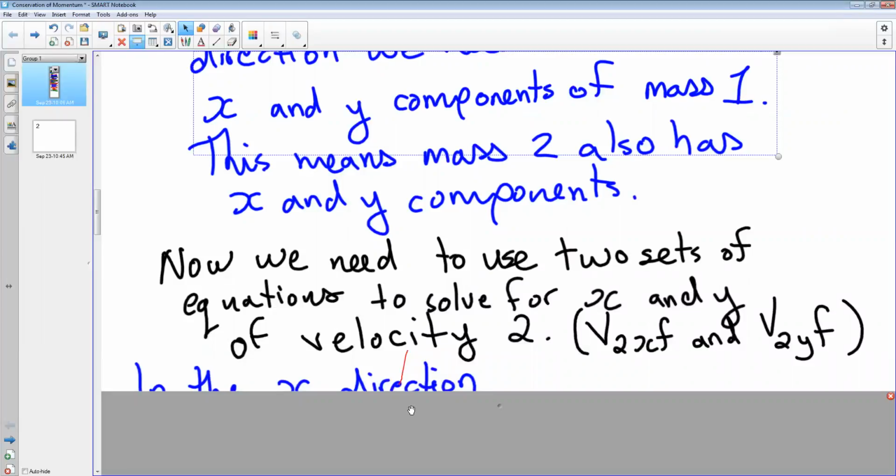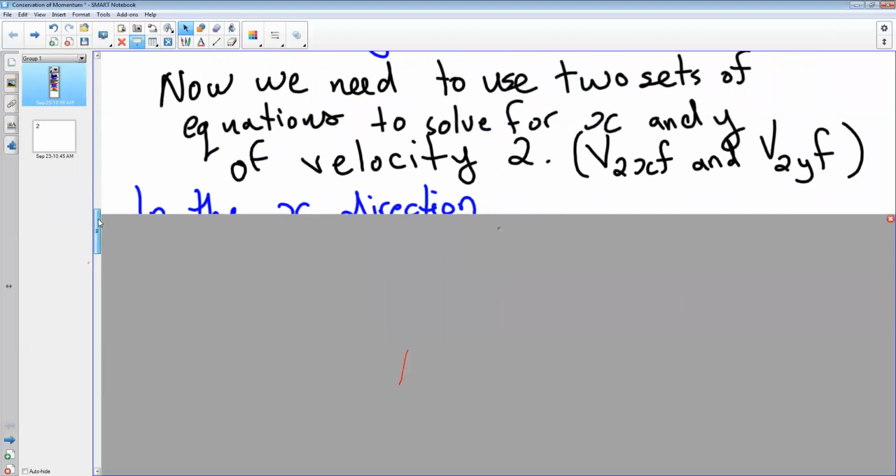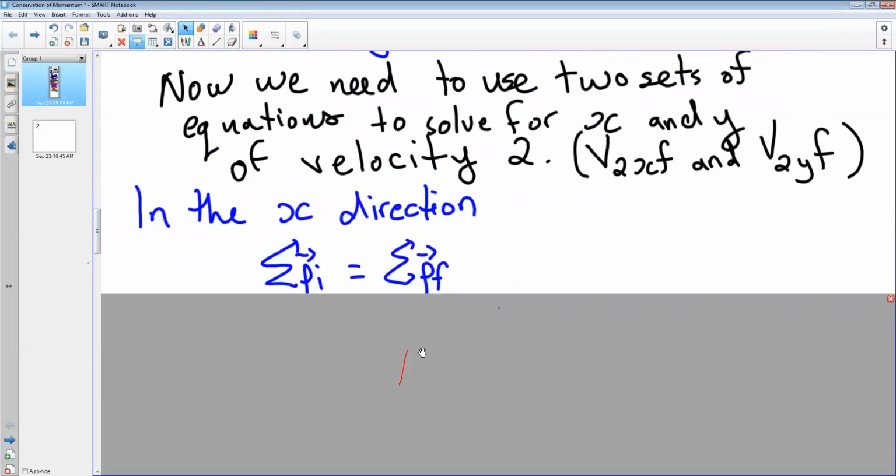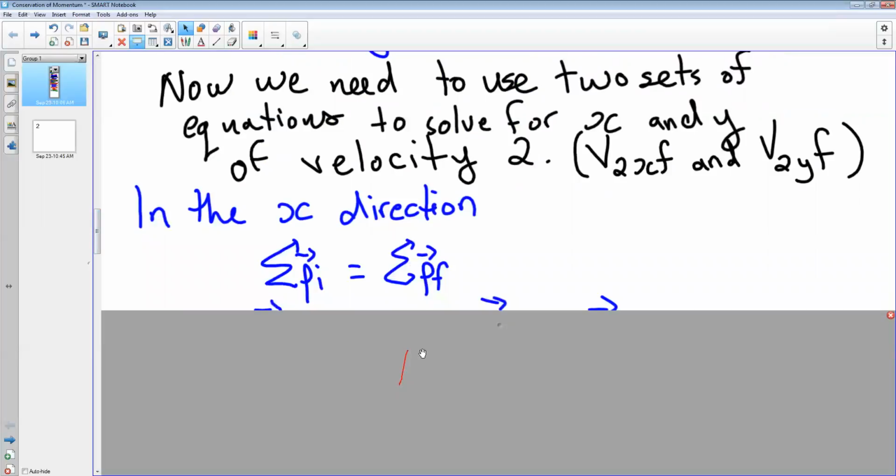The first thing I recommend is to use the two sets of equations to solve for x and y. In the x direction, we're going to figure that out first. We're finding V2, because that's what the problem asked for, the required. This means the sum of momentum initial equals the sum of momentum final.